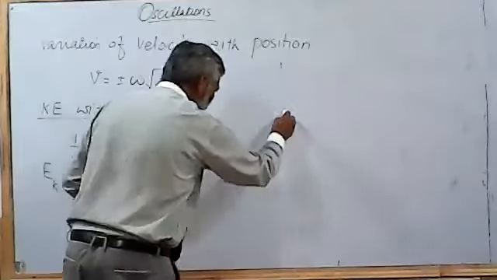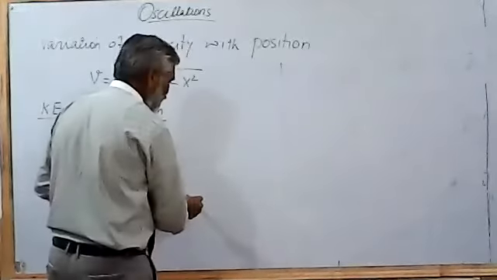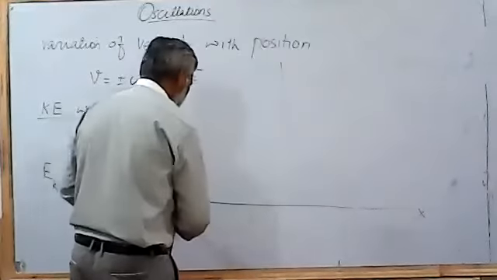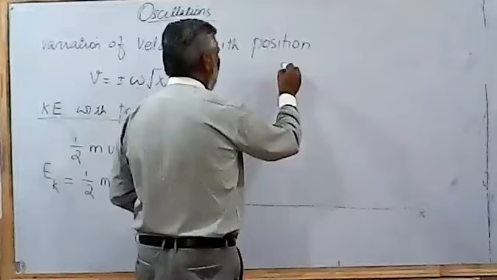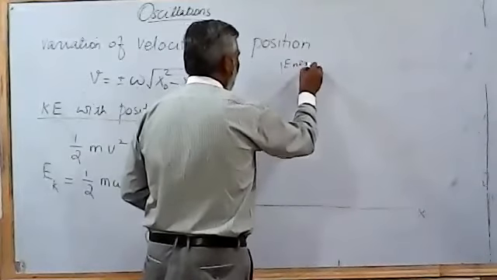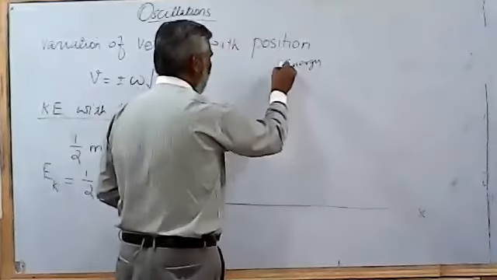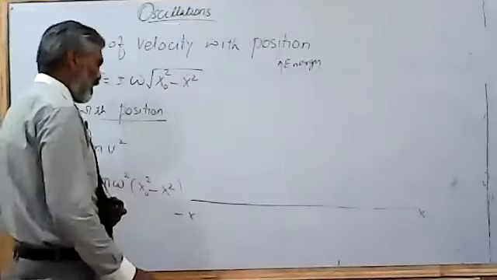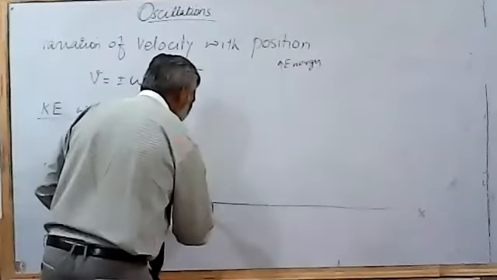Graphically, it is represented like this: if I take energy along the vertical axis and displacement along the horizontal, kinetic energy varies in this manner.